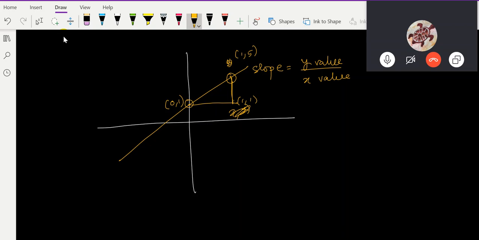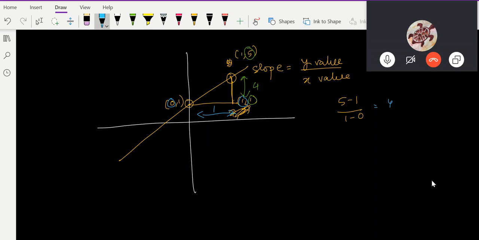So slope would be 5 minus 1 by 1 minus 0. 5 minus 1 is 4, and 1 minus 0 is 1. Correct? So this is how you find out the slope.